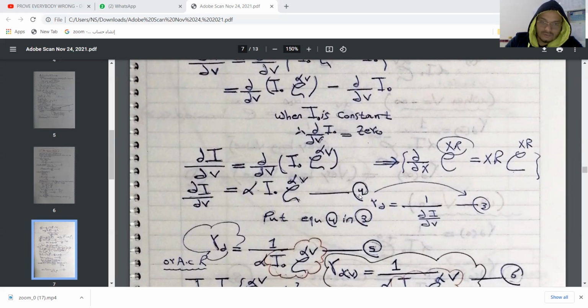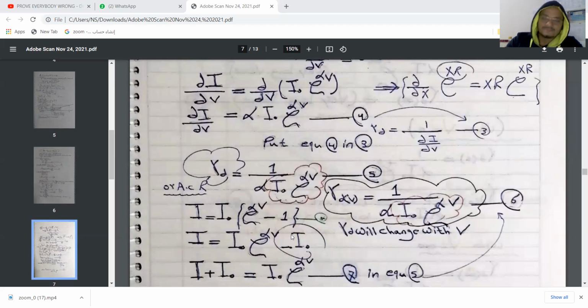It's equation number 4. From equation number 3, 1 divided by dI over dV, we calculated the result: dI over dV equals alpha I naught exponential alpha V. RD will equal 1 over alpha times saturation current, diode constant, exponential alpha V, like that.